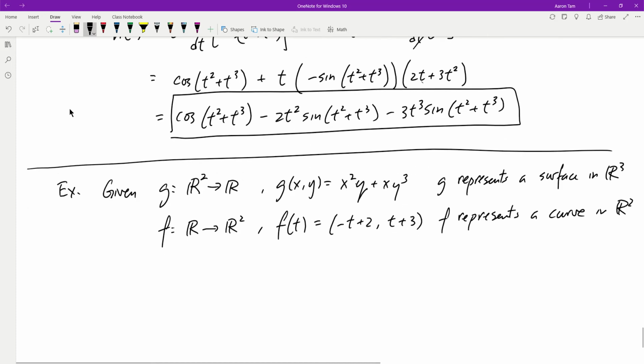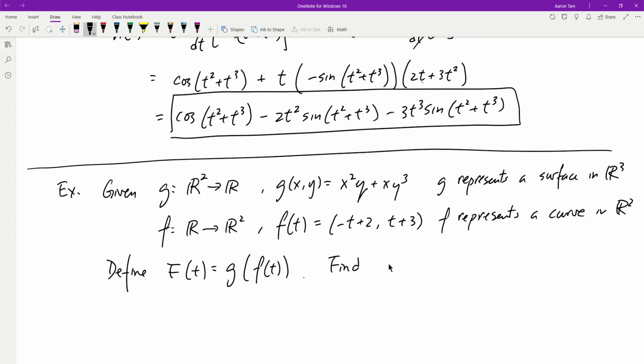Let's say I'm going to define a function capital F of t, which is equal to g of f of t. What I'm going to ask you to do is find F prime of t using the 6.1 chain rule.